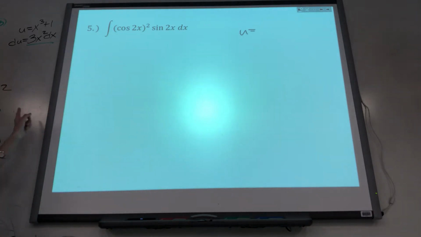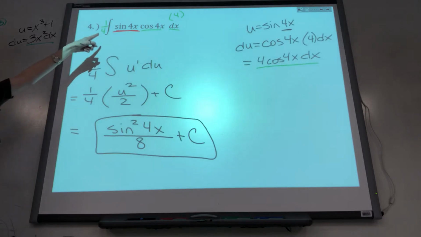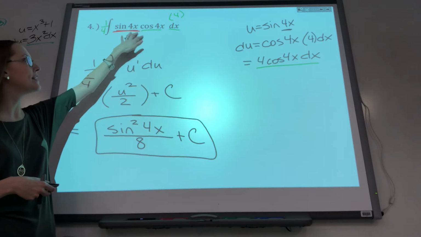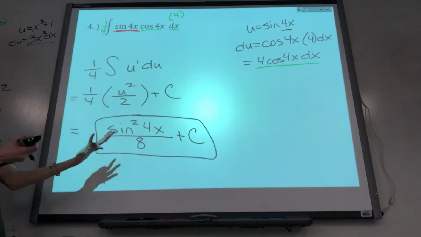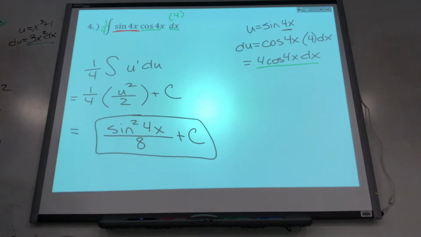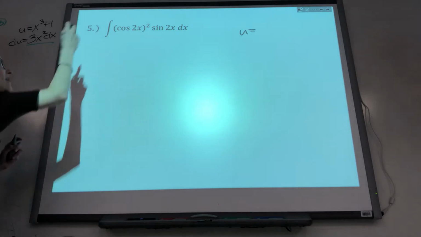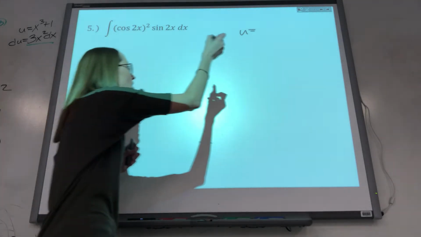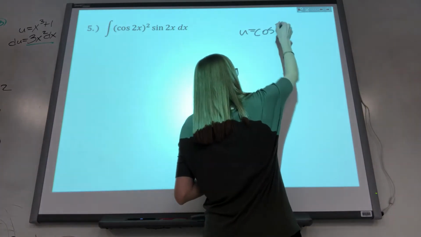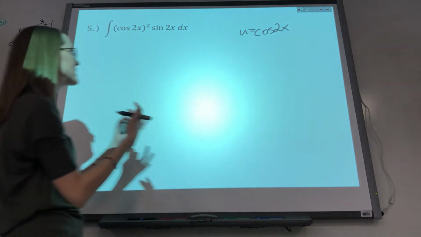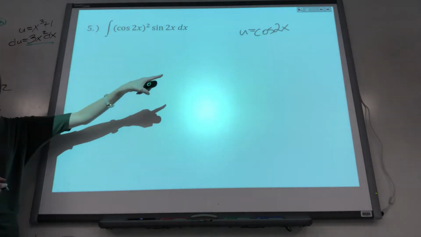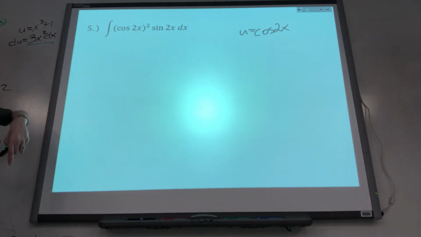On the last problem, it could have been either one, because neither one of these was in parentheses or under a radical. They were both kind of the same. On this problem though, I see this trig function inside parentheses. And so that kind of tells me that I should probably let that equal u.